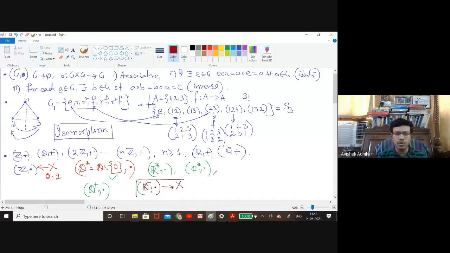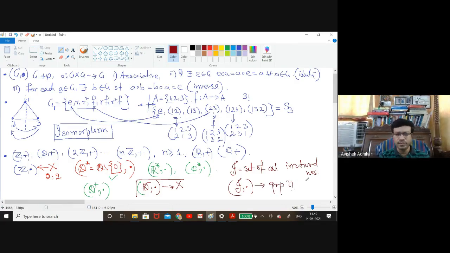Then consider the set of all irrational numbers. You know what we mean by irrational numbers. So if I consider I equal to the set of all irrational numbers, and then consider I with respect to multiplication, will this be a group?